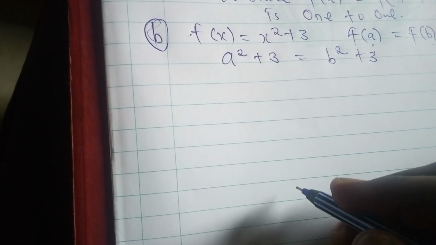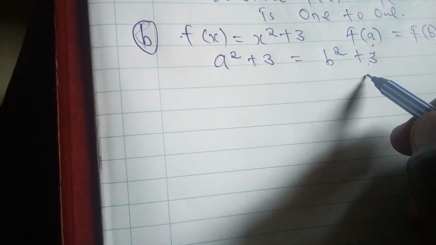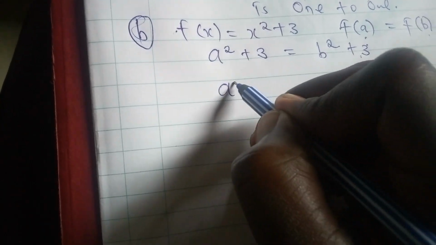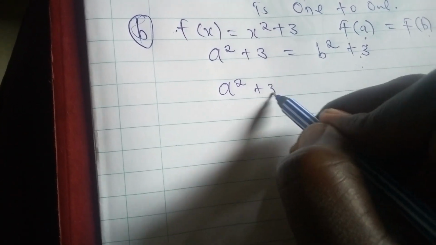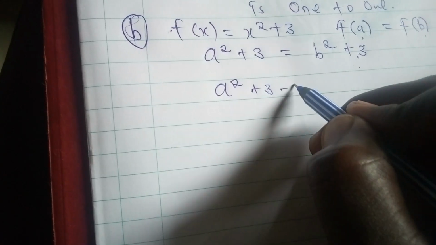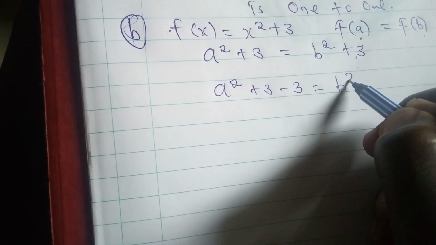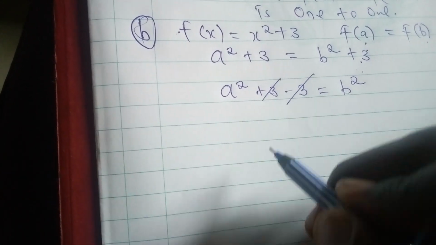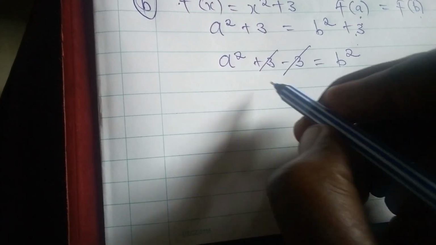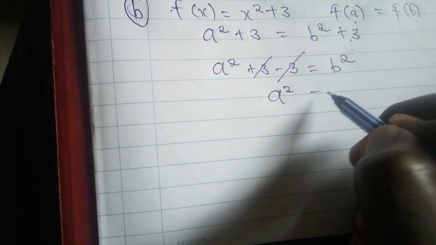From there, when you bring that positive 3 to this side, it's going to be negative 3 equals b squared. So this one will cancel to give you 0. So you're going to remain with a squared is equal to b squared.